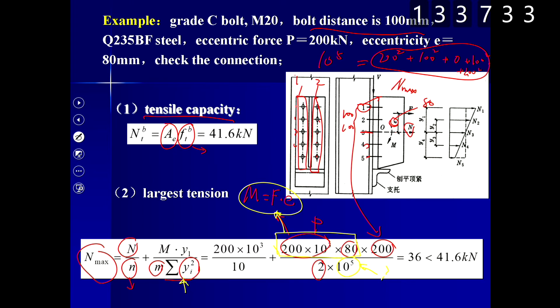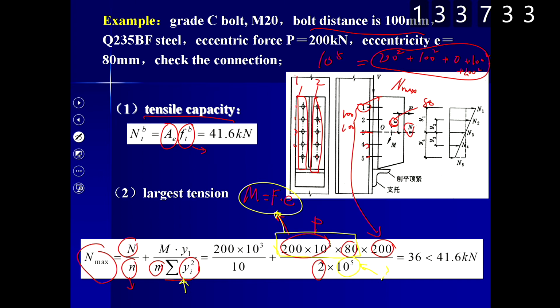Okay, this is the problem we solved: the connection was applied with a moment and also tension stress. Clear, understand? So what's the number of F there? F equal to 200 kilonewtons.